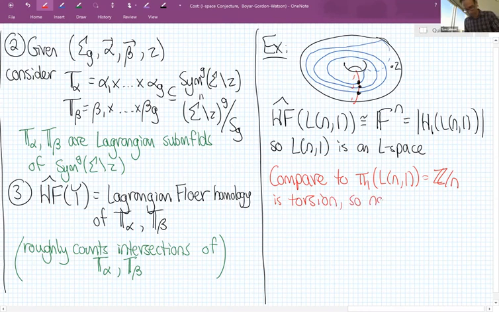And so not left orderable. So this sort of lines up, this simple family of elliptic manifolds, these lens spaces, this lines up with our conjecture that being an L space, so having this sort of particularly special form for your Heegaard Floer homology, is equivalent to having non-left orderable fundamental group.